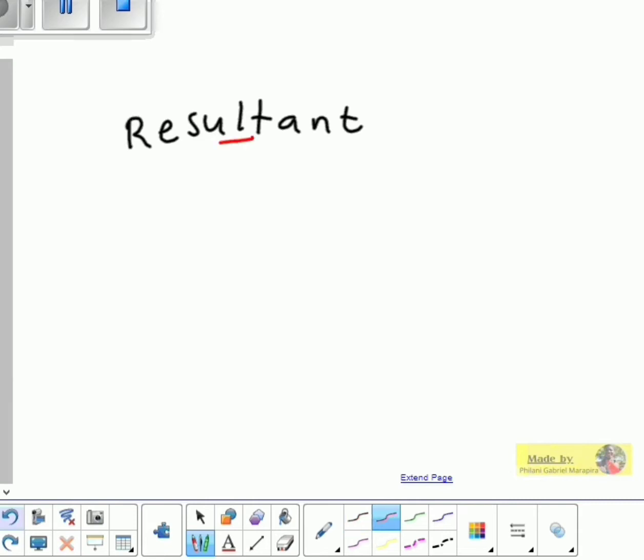So this is the resultant vector. The resultant vector is the vector that is the result of the addition or the combination of certain vectors.